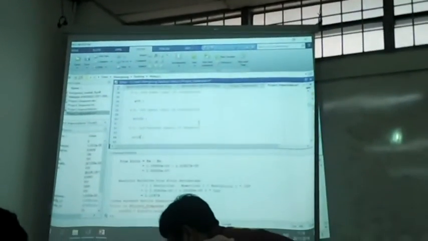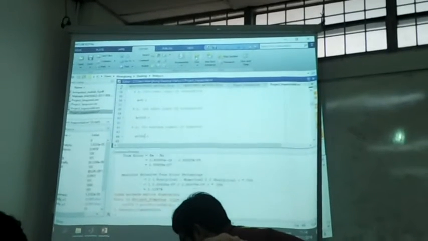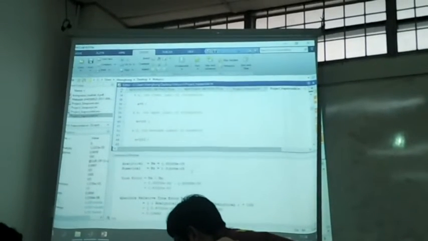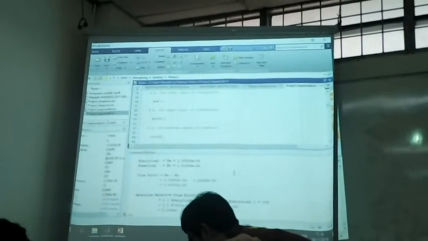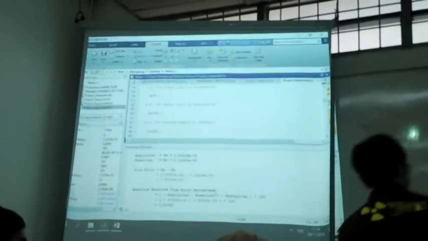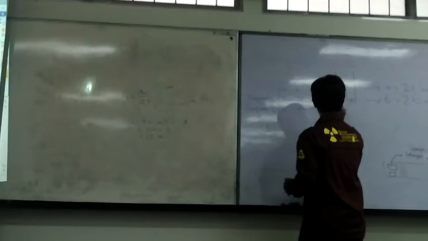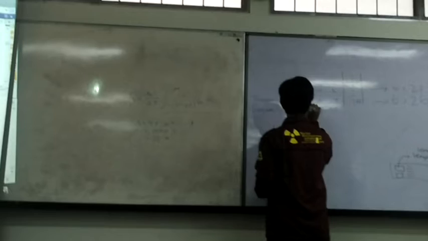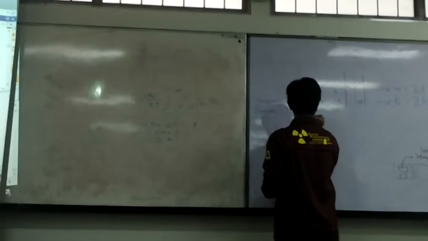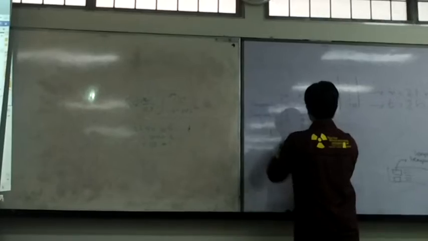Bisa dinilai atau enggak? Oke, bisa kayaknya. Kecil.